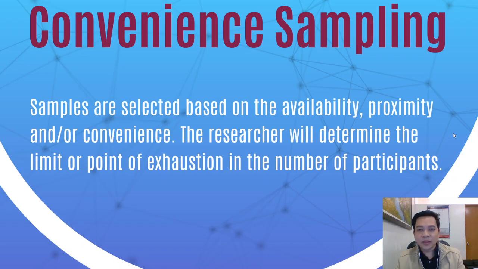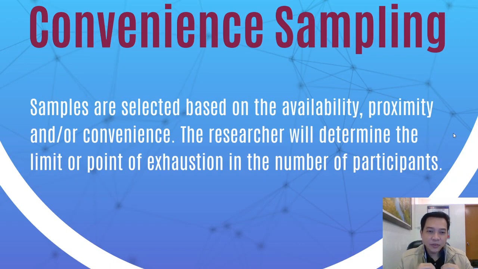For example, in a convenience store, you want to interview those buyers or clients that come in and purchase goods, and at a certain extent or time you say this is already enough as my sampling or as my participants for the study. It is again the discretion of the researcher to dictate when that sampling is already sufficient for his or her study.